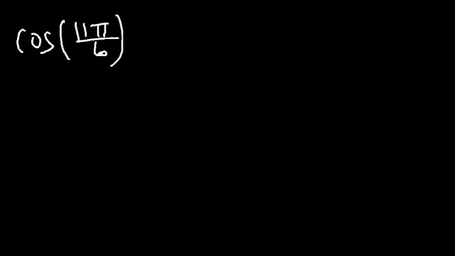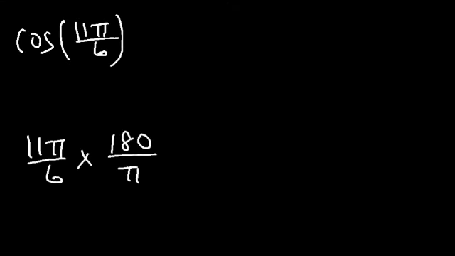So now it's your turn. Try this example. What is cosine of 11 pi over 6? Let's convert radians into degrees. Let's multiply by 180 over pi. We can cancel the pi's.